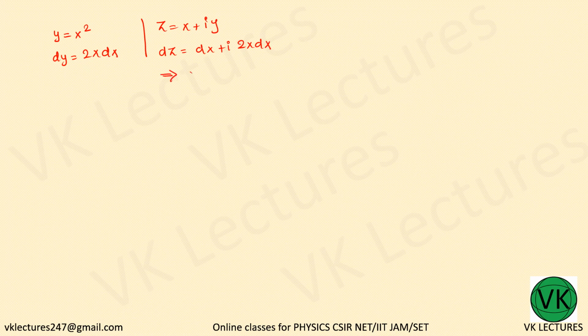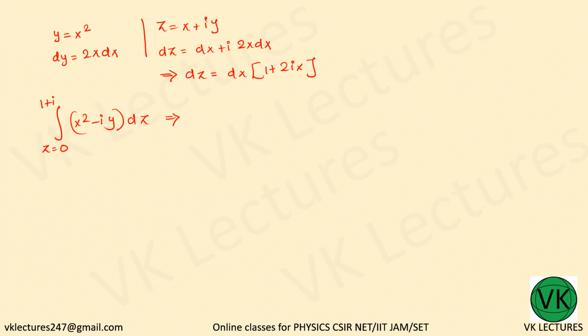This gives us dz is equal to dx into 1 plus 2ix. So the first part is over. Now our integral from z equal to 0 to z equal to 1 plus i of x square minus iy times dz. This is the question.